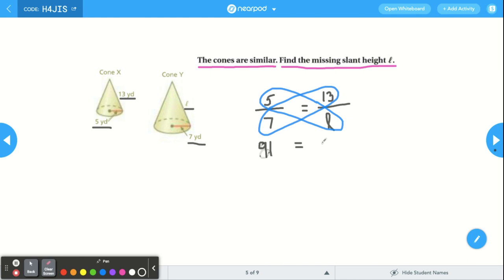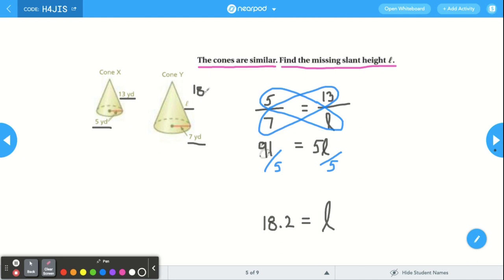And then 5 times L is 5 L's. Now, if I want to get the L by itself, I got to get rid of the times 5, right? So in order to get rid of it, I got to divide by 5. Divide that side by 5. 91 divided by 5 is going to be 18 and 2/10. So the slant height, L, is 18.2.